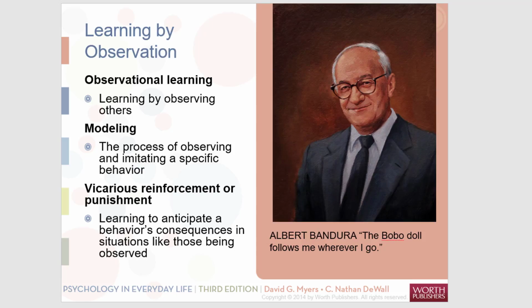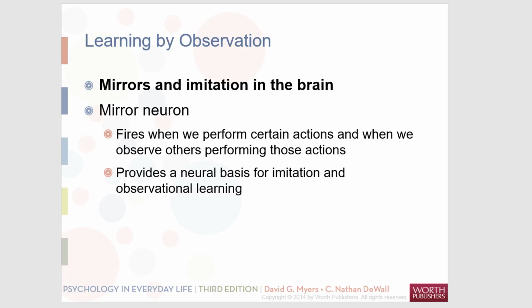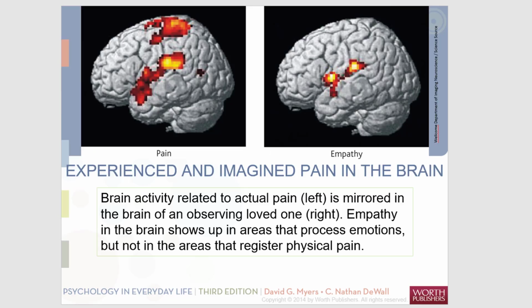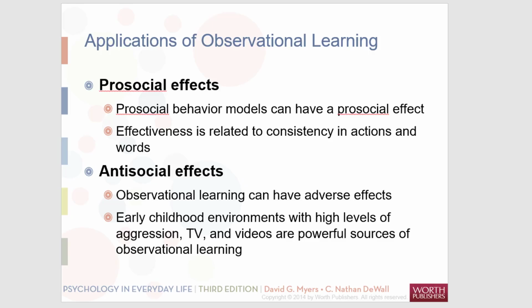Albert Bandura believes we learn through imitation. Mirror neurons fire when we imitate others. Look at the slide. If a child grows up in an aggressive house, he or she will be aggressive.